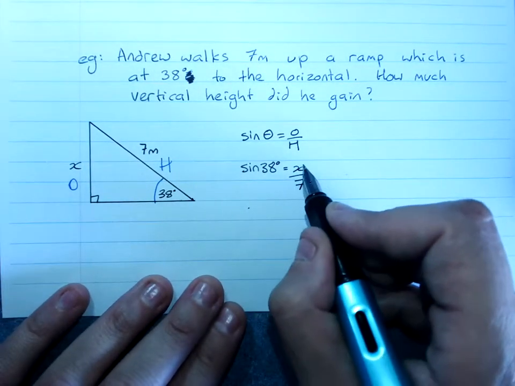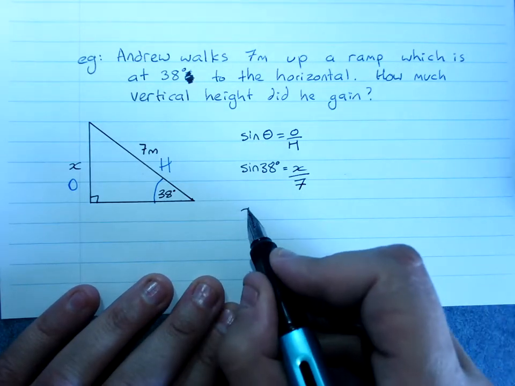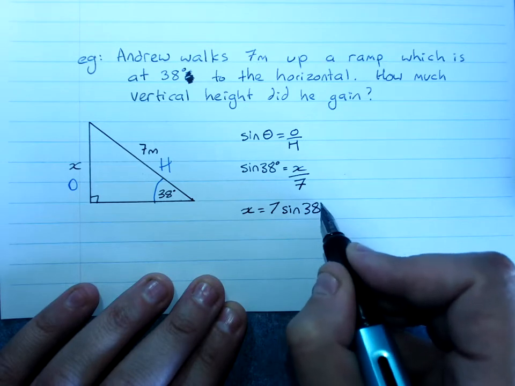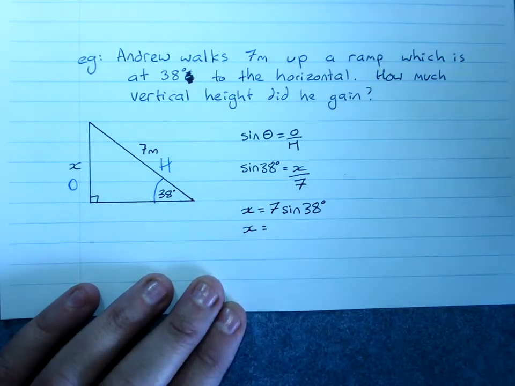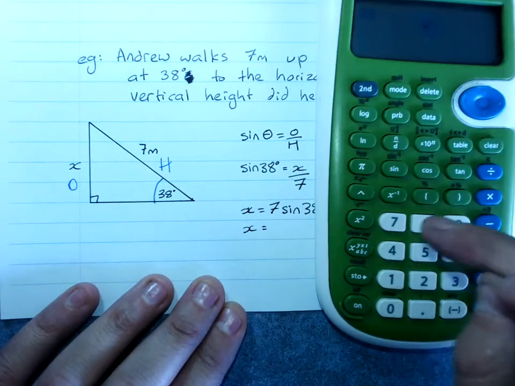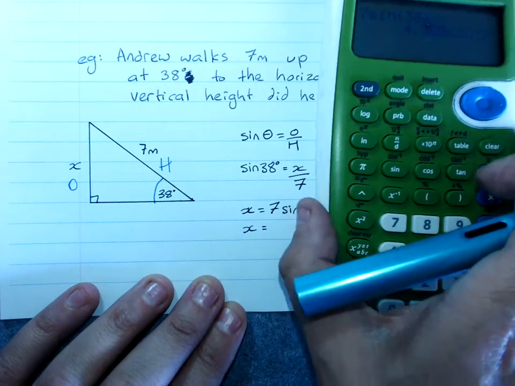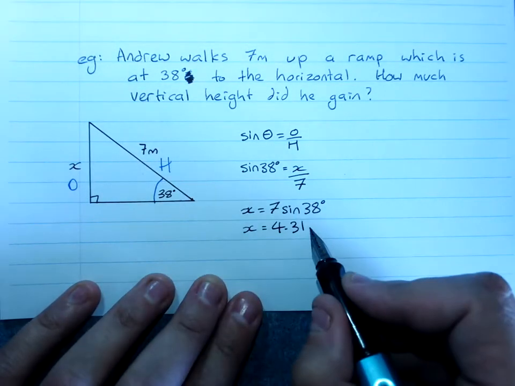Solve. I've got x divided by 7. I want x on its own. I'll multiply both sides by 7. X equals 7 sine 38 degrees. Remember, this is times, but you don't actually need to put it in there. 7 sine 38, 4.31, and we're in meters.